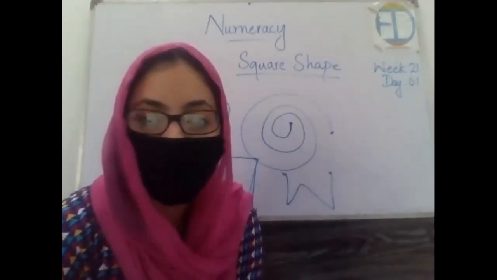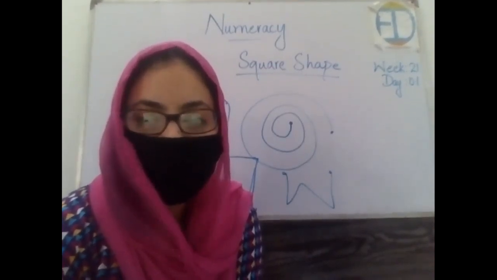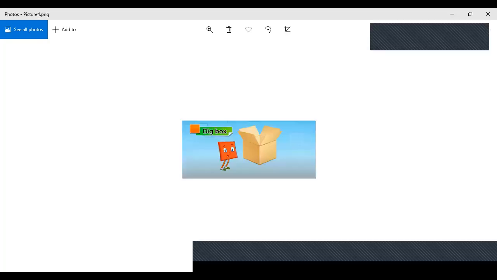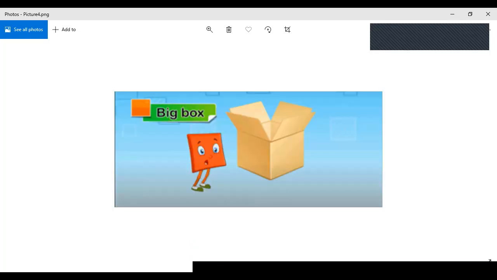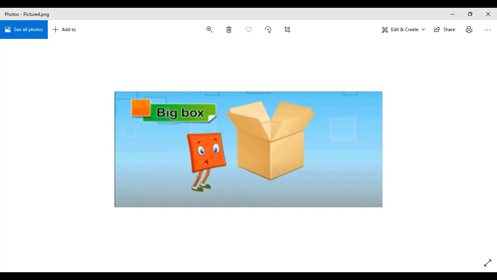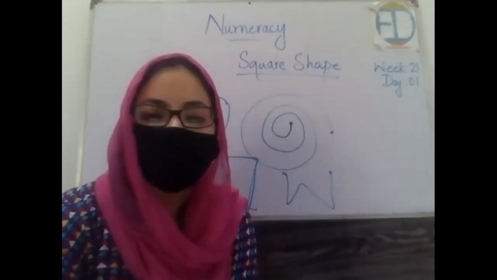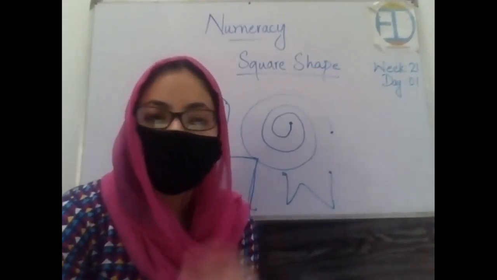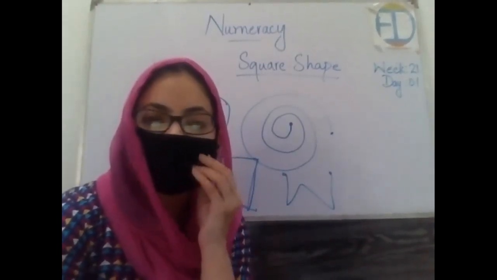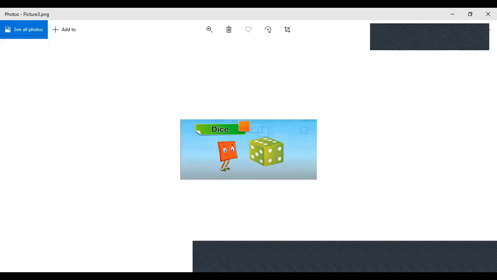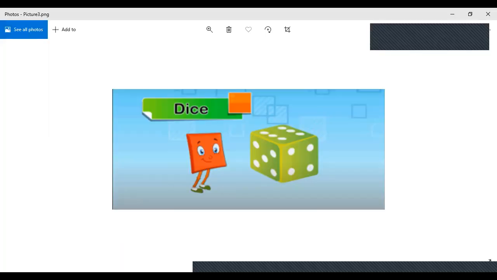Let's look at the next one. Well, the next example is of the box. Well, all the boxes are of square shape. They can be rectangles as well, but most of them are of square shape and they can be small and they can be big as well, right? We can have size variations. Okay, look at the next example. Well, the next one is again the one that we have already discussed and a very simple one.